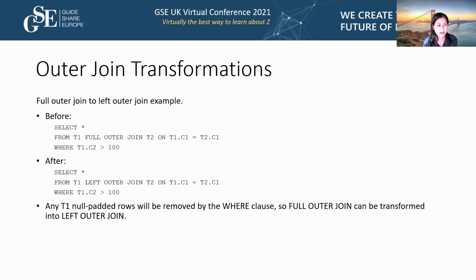After transformation, T1 becomes a left join with table T2. The transformation is possible because we have the local predicate T1.C2 greater than 100, so any null-padded rows from T1 will be removed by the WHERE clause. So the full outer join can be safely transformed into a left outer join.